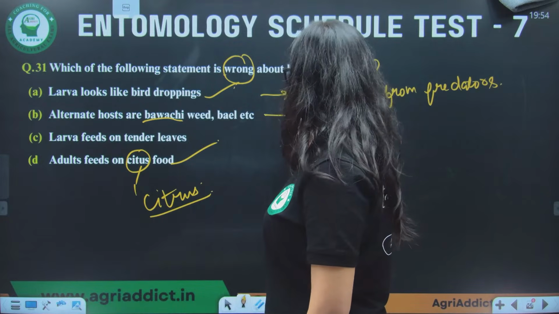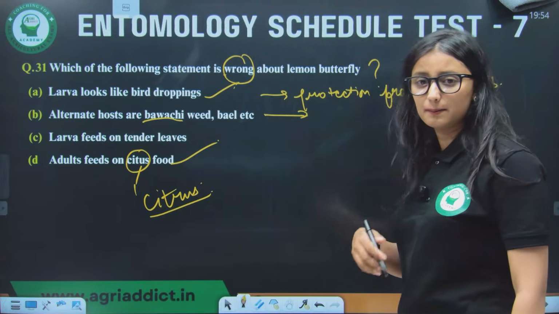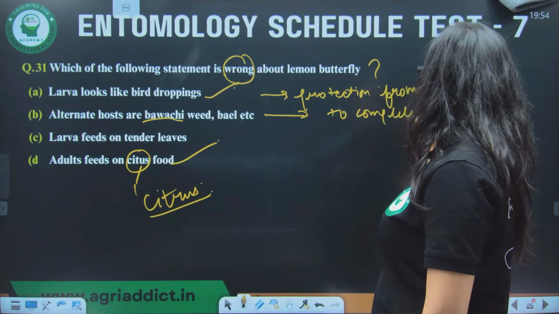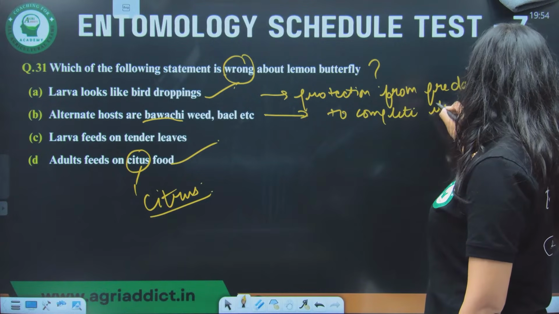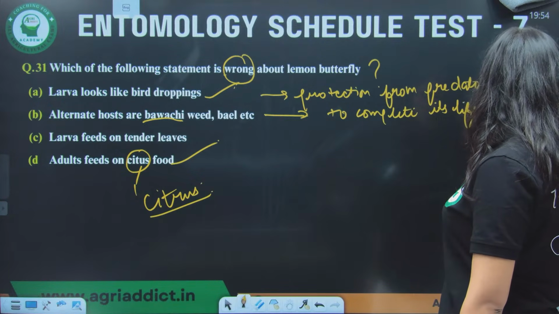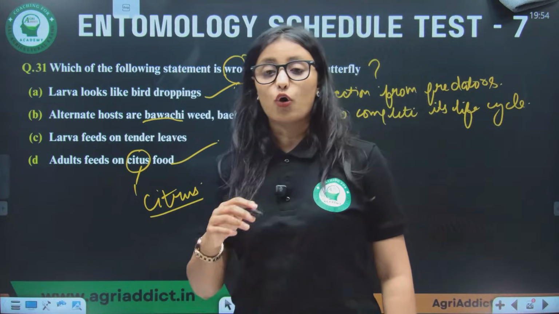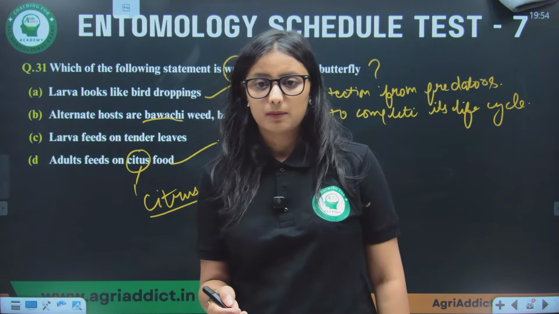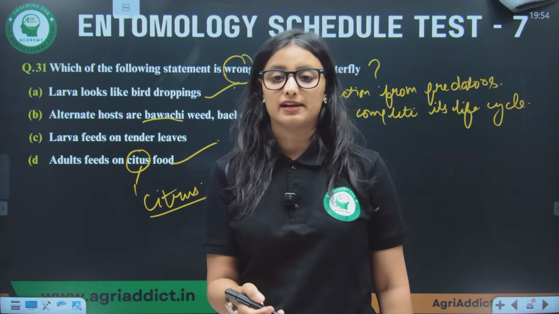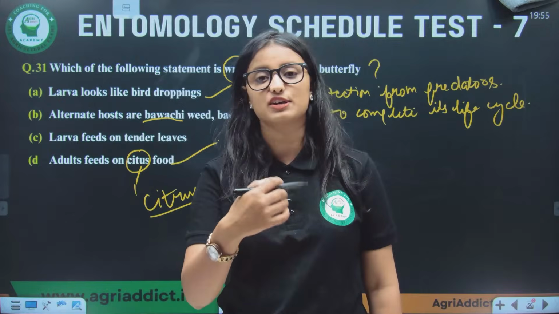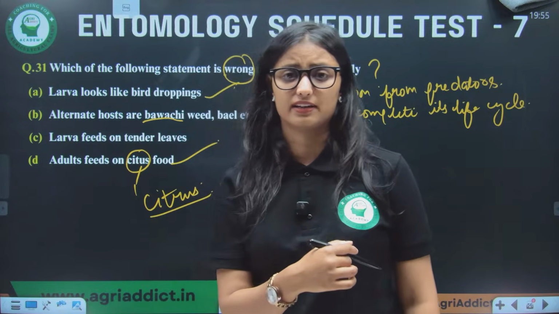Alternate host is Bawachi bead and bale to complete its life cycle. What is alternate host? The host required to complete its life cycle. Another host other than the main host that is required to complete its life cycle.